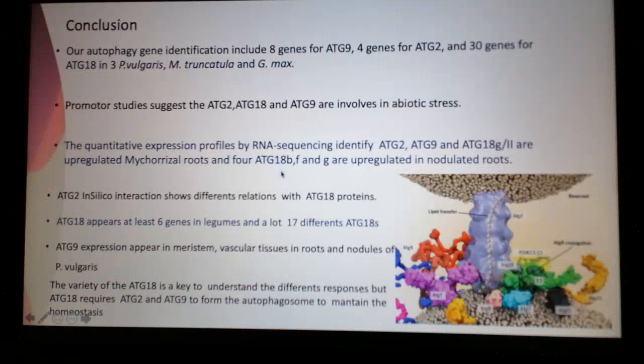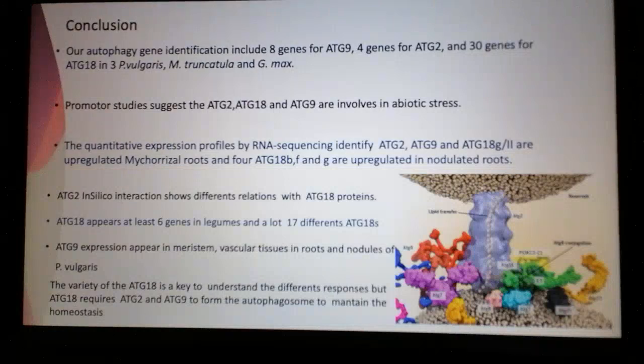The quantitative expression profile by RNA sequencing identified ATG2, ATG9, and ATG18G2 as upregulated in mycorrhizal root, and ATG18B, F, and G are regulated in nodulation root. In silico interaction of ATG2 shows different relations with ATG18 proteins.